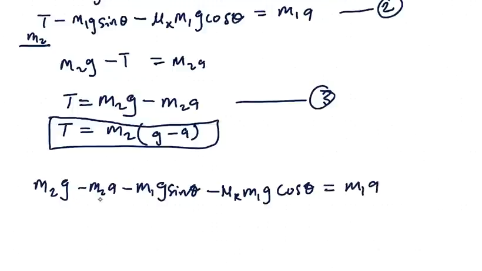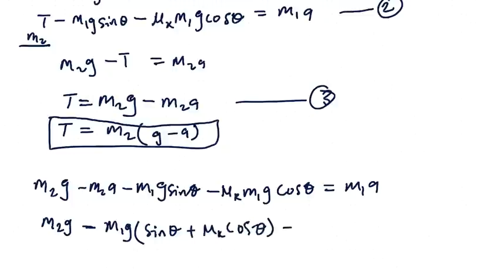If we collect like terms, there is an a here and an a on this side, so we have m2 g minus m1 g into sine theta plus mu k cos theta equal to m1 a plus m2 a.